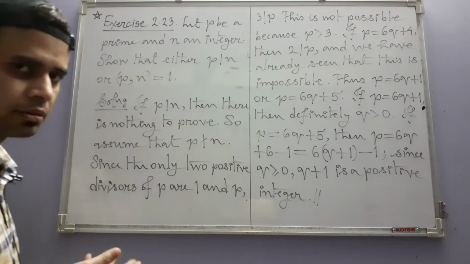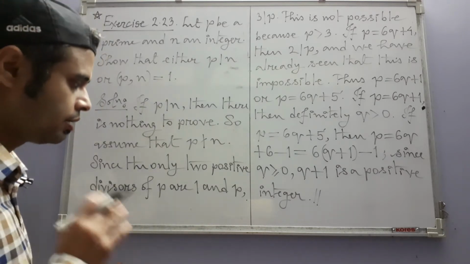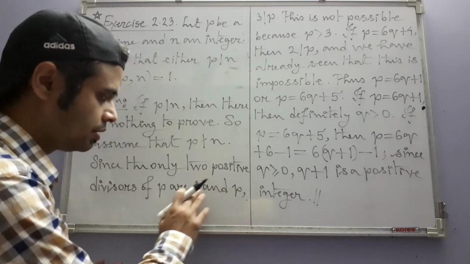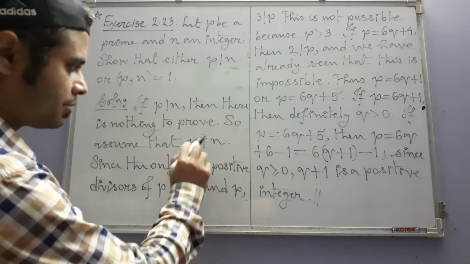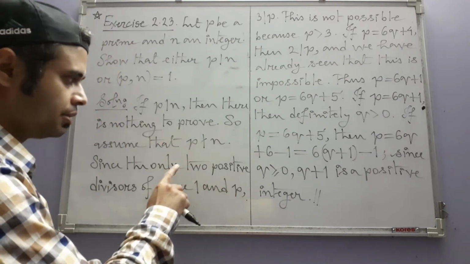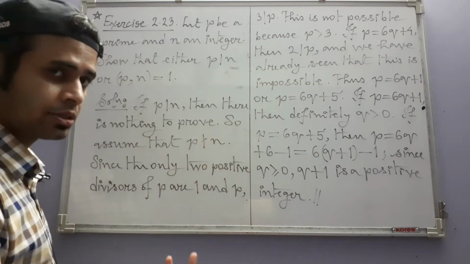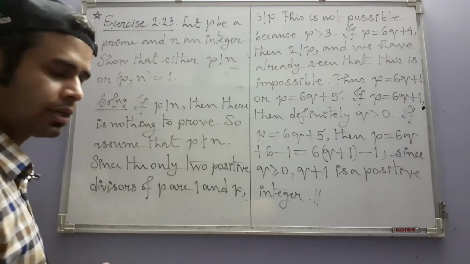That comes directly from the definition of a prime number. The only two positive divisors of a prime p are 1 and p itself, and one of them does not divide n. So this p, although it divides p, because it does not divide n, it fails to be a common divisor of n and p.